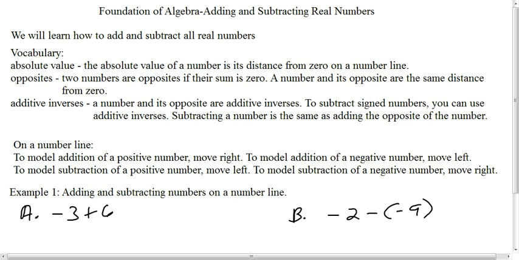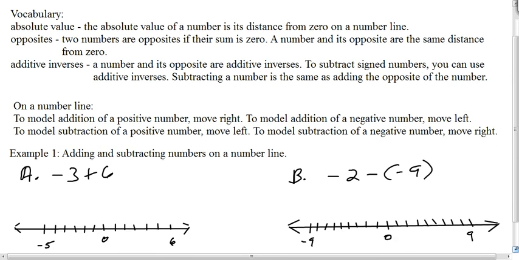To model addition of a negative number, you move to the left. To model subtraction of a positive number, no matter where you are, you move left. And to model subtraction of a negative number, you move right. I hope you can see the correlation between the two. I know this is going to be a little difficult. Just take your time, and you'll be okay with this.